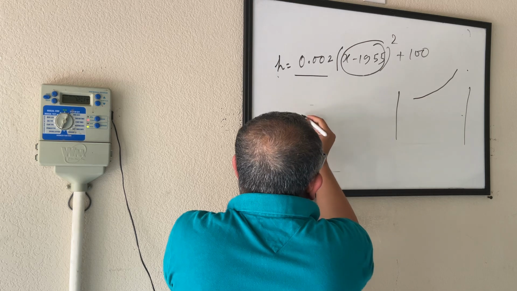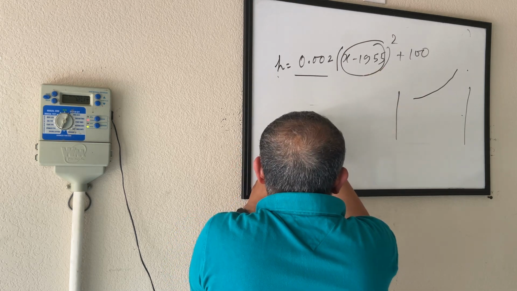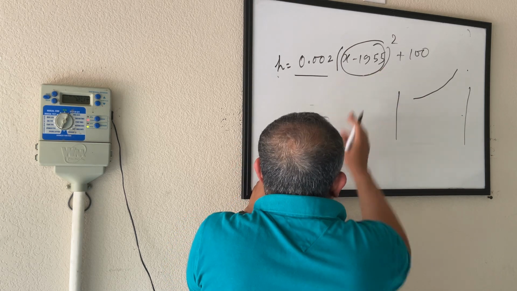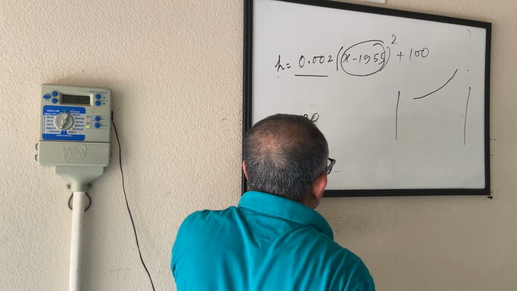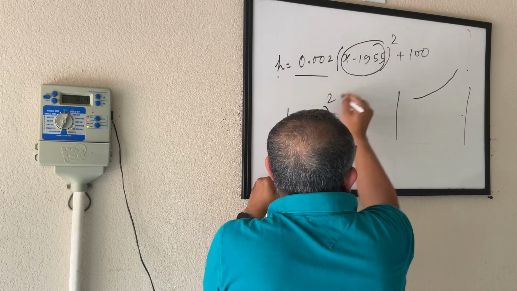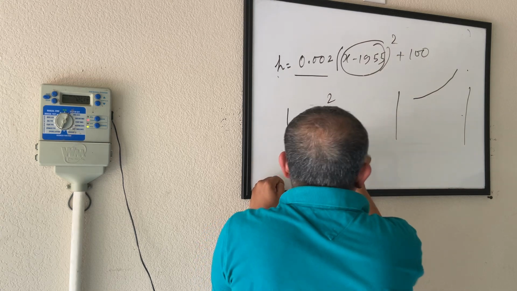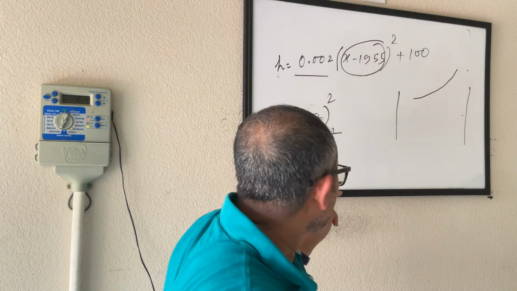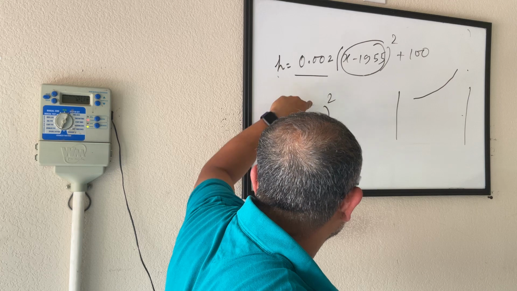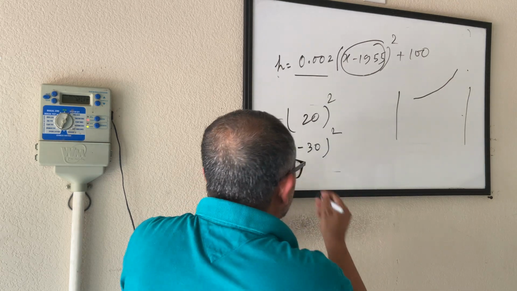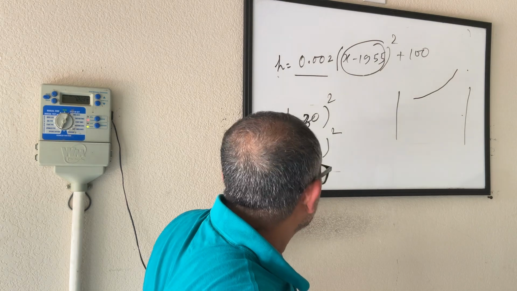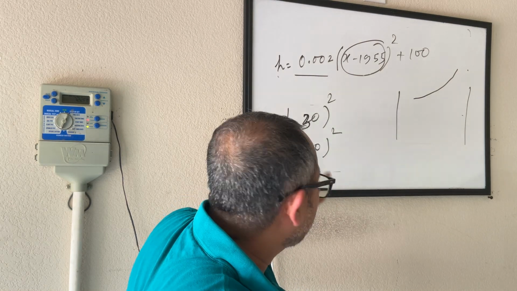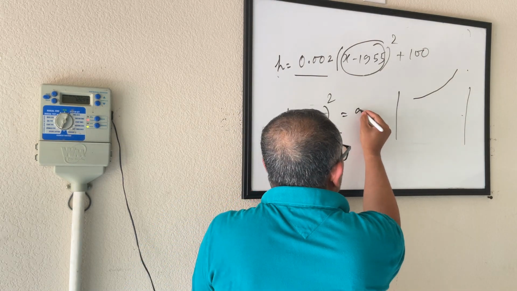Let's say I get x minus 1955 as 20, and I get x minus 1955 as minus 30. What is the square of that? Let's pick the same number: the square of 30 or the square of minus 30, both are going to give me 900.